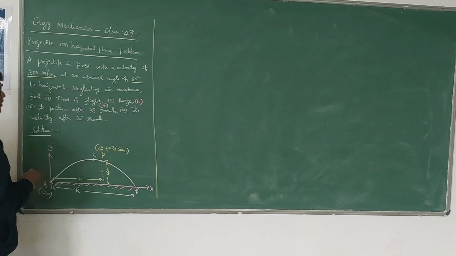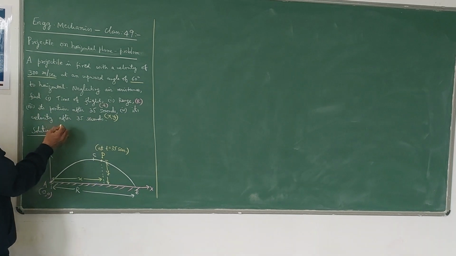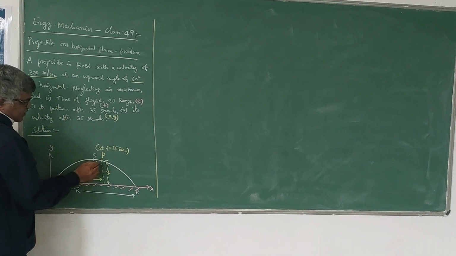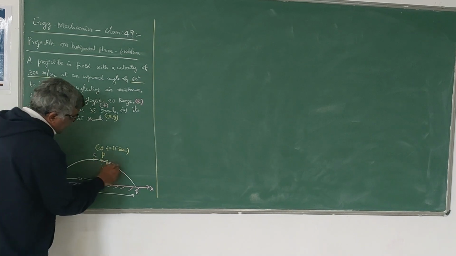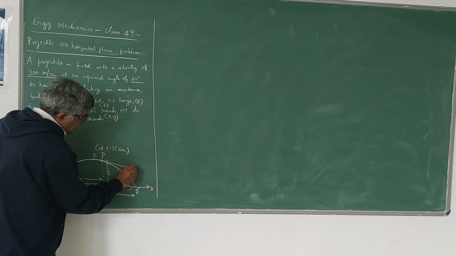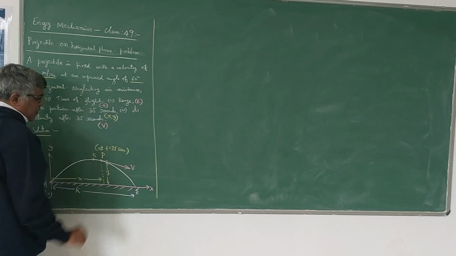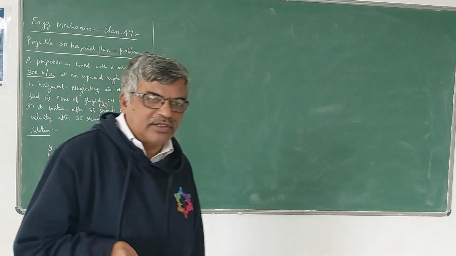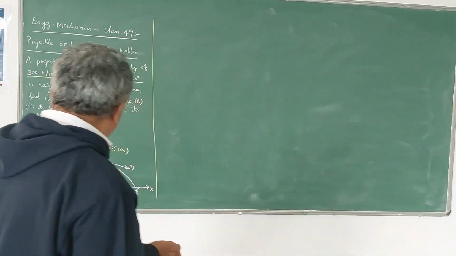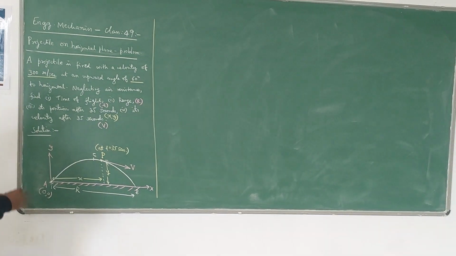That is the position. Then its velocity after 35 seconds. Here it will be traveling with some resultant velocity like this. So the resultant velocity we have to find out. Of course, this resultant velocity will comprise both horizontal and vertical components. We have to take the resultant. So this is the given problem here.